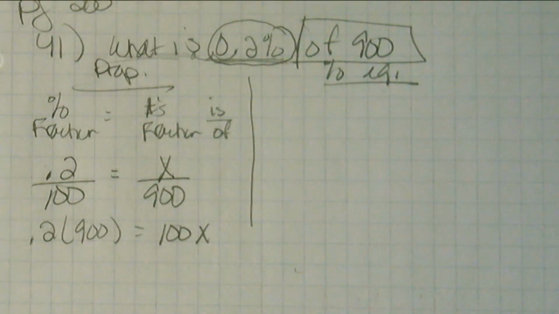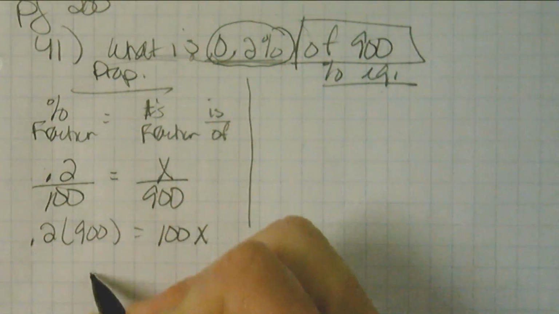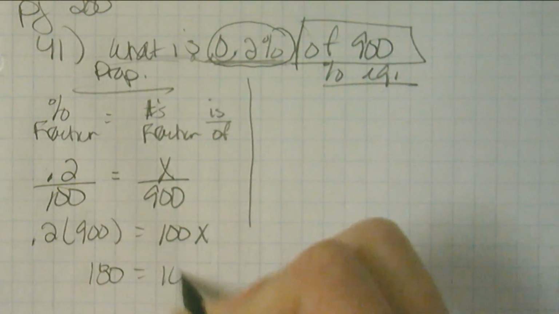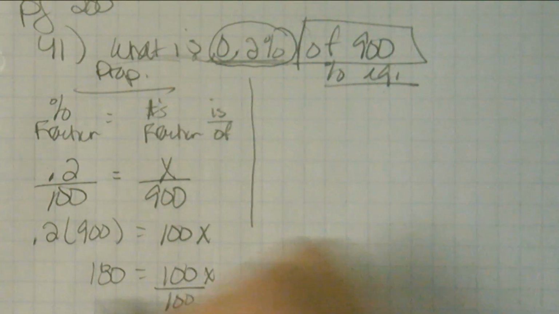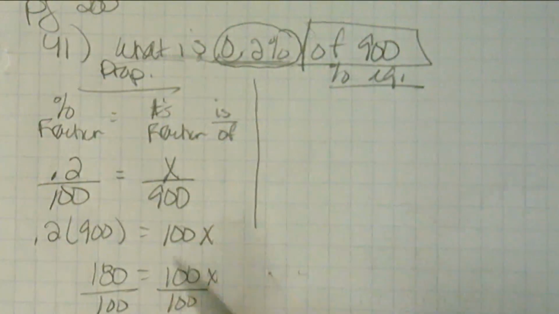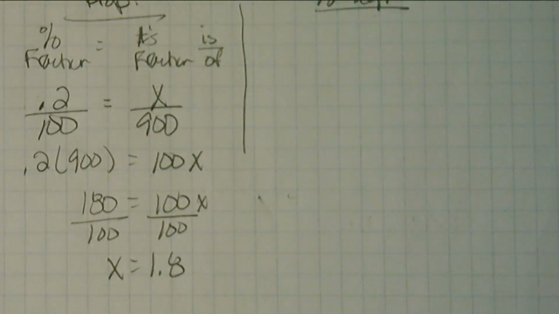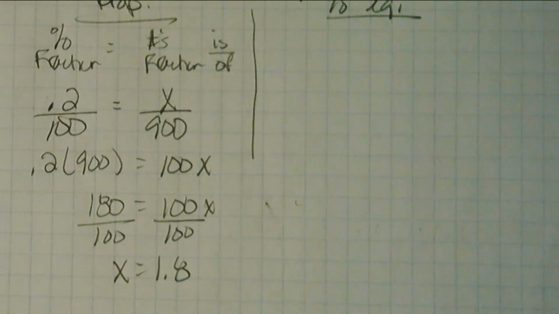You guys all have a calculator. I am expecting you to use it. So if I have 0.2 times 900, I end up with 180 is equal to 100x. Divide each side by 100, and x is equal to 1.8. Blythe, does that help you?